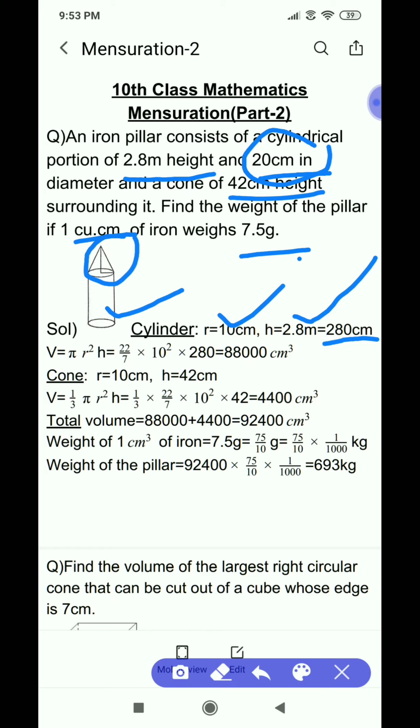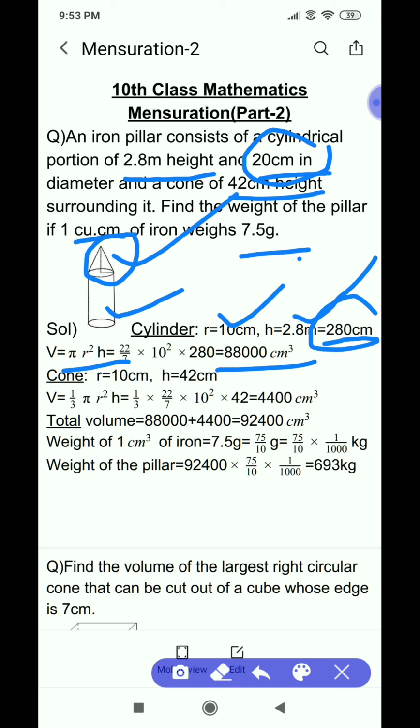The volume of the cylinder is pi r square h, that means 22 by 7 into 10 square into 280. By simplification, we get 88,000 centimeter cube.